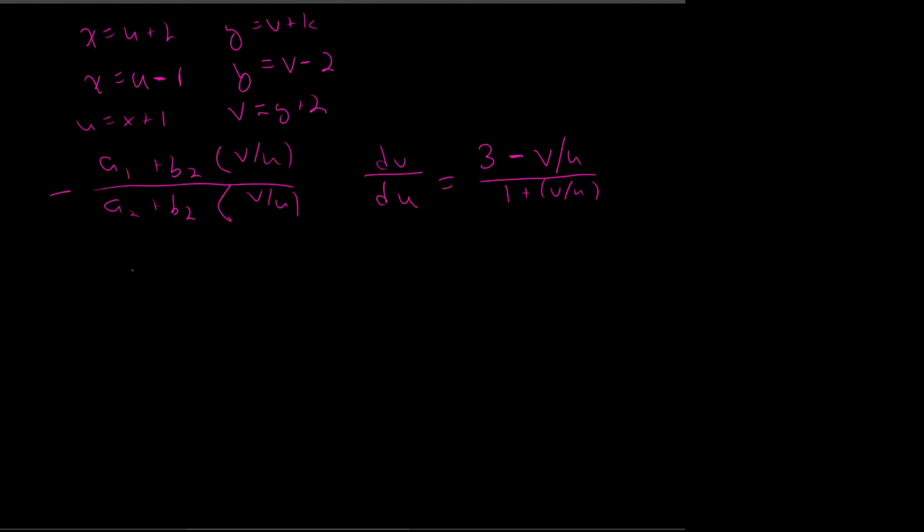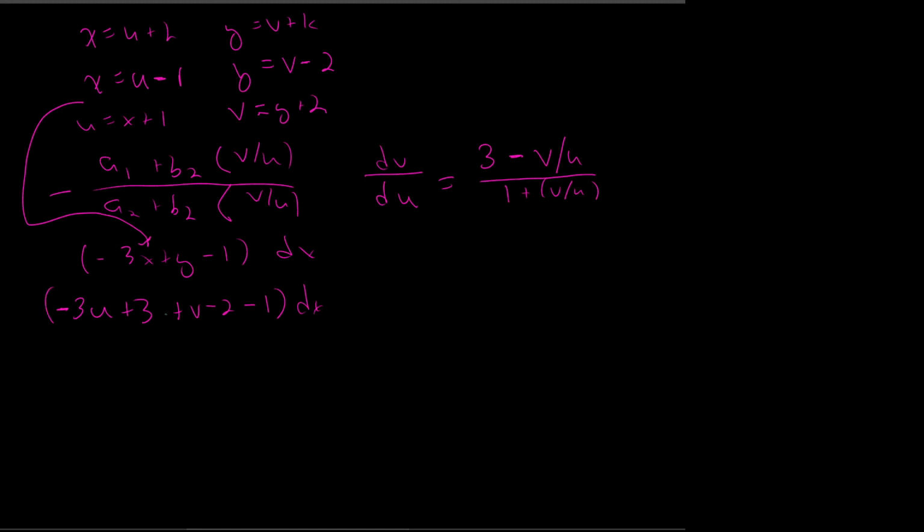So if I do my substitution, so if I do my -3x plus y minus 1 dx, and I substitute, this becomes -3u plus 3, because I'm substituting this in for x, plus v minus 2 minus 1 dx. That's my dx term.